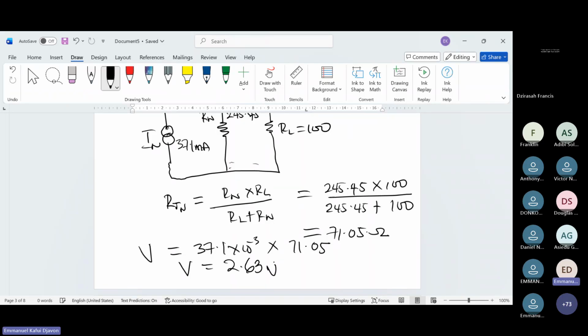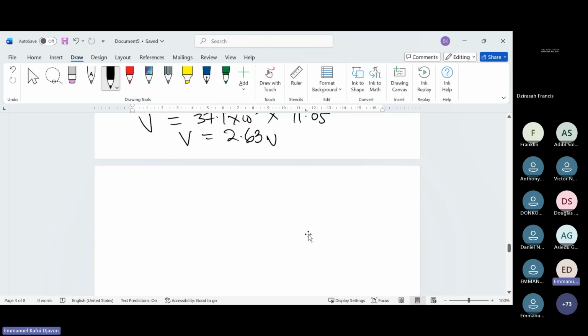volts. Now, if you know that, you have to calculate for the current.